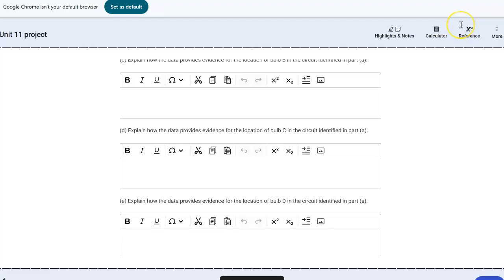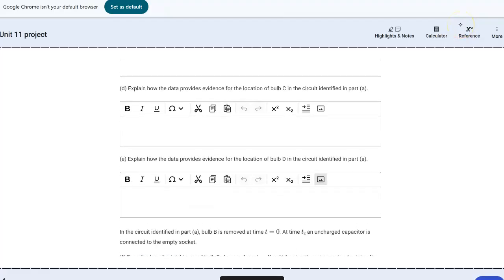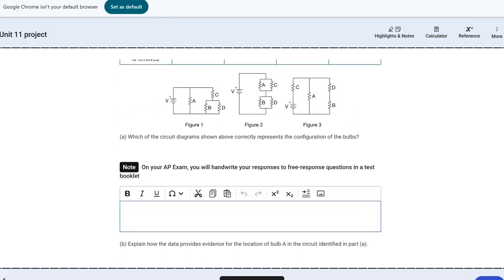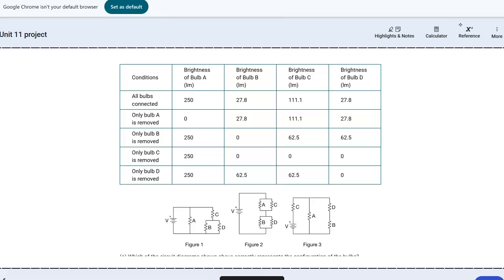And now, explain how the data provides evidence for the location of bulb D in the circuit identified in part A. Well, when you remove bulb D, that'll go to zero, and then that should decrease the brightness of B and C. So removing bulb D and removing bulb B are going to have pretty much identical effects, except when you remove bulb B, B goes to zero, and when you remove D, D goes to zero.